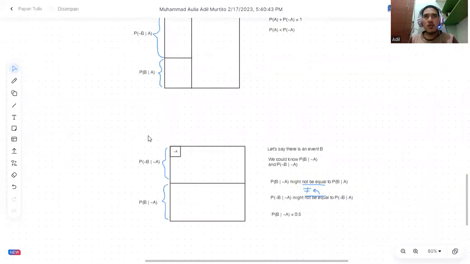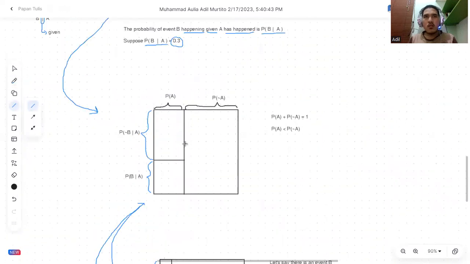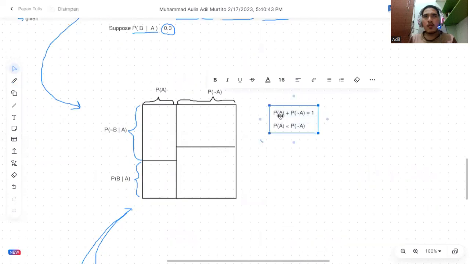Now, we can plug these two variables into this box. Here, let's draw a line that equally separates the space of P(negation A).